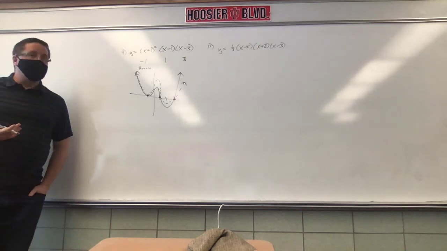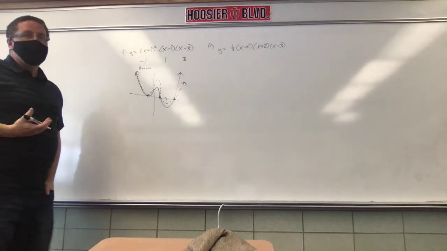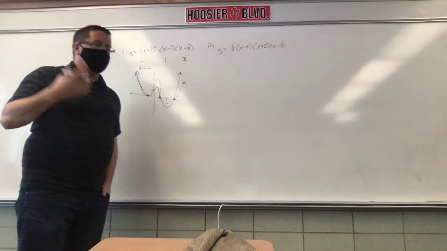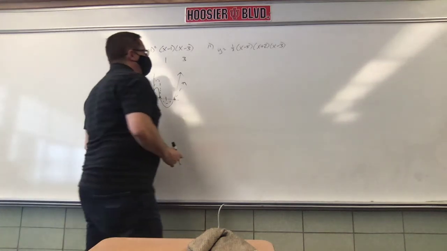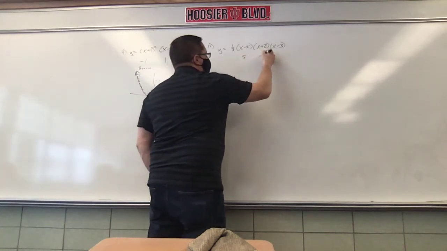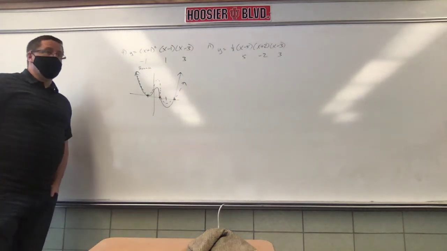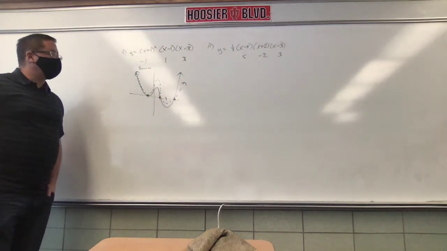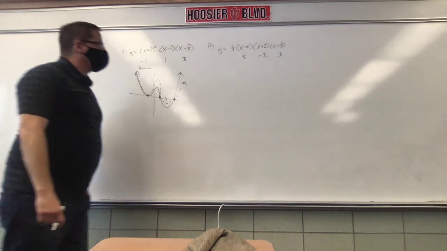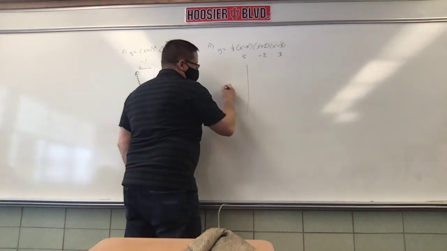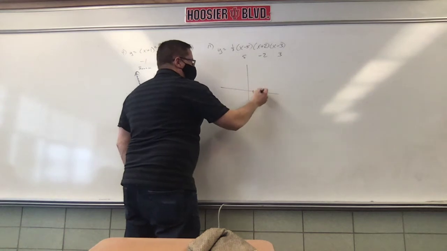It's going to shrink it vertically because it's less than 1, and it's still positive, so it's not that much different. Our zeros are 5, -2, and +3. It's not going to bounce anywhere, since they're all raised to the first power. It's 3rd degree, and it's going up.